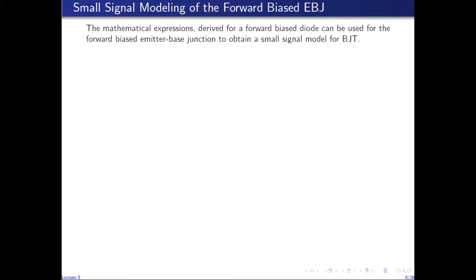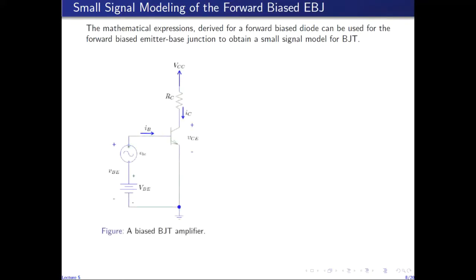So now that we have linearized, or found a small signal linear model for the diode, we can use these mathematical expressions to model the forward biased emitter-base junction of the transistor, the BJT. So here I show an amplifier made out of a BJT, in which I've excited the amplifier with a small AC signal source.